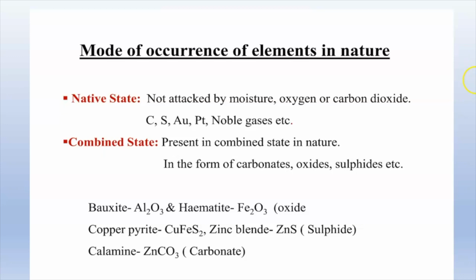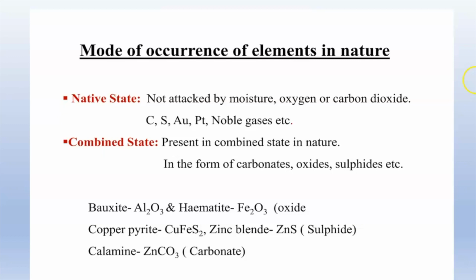In the native state, the elements are not attacked by moisture, oxygen, or carbon dioxide. Elements like sulfur, gold, platinum, carbon, and noble gases exist in their native state, whereas in the combined state, they exist in the form of carbonates, oxides, and sulfides.